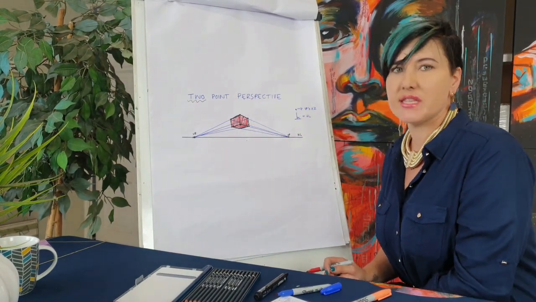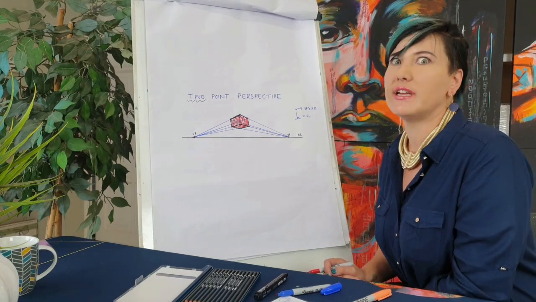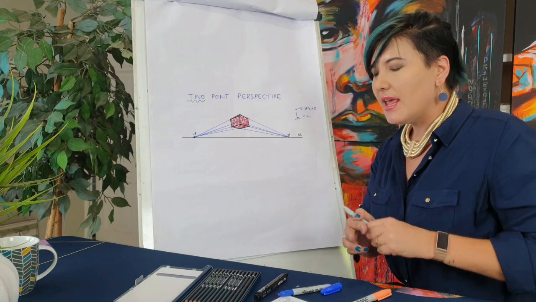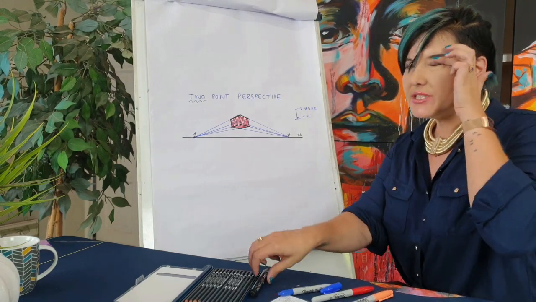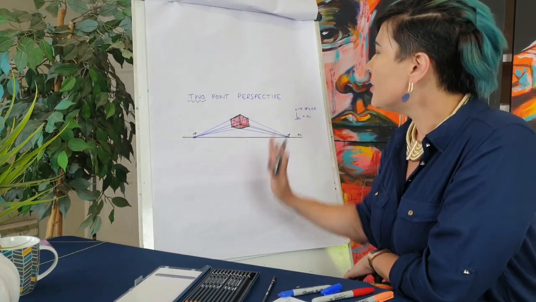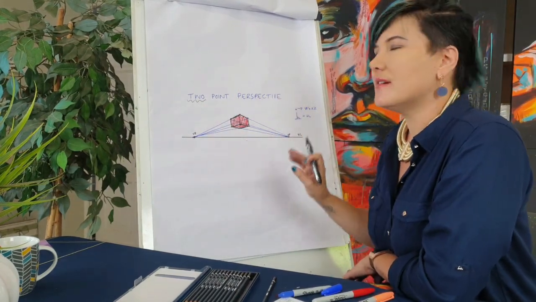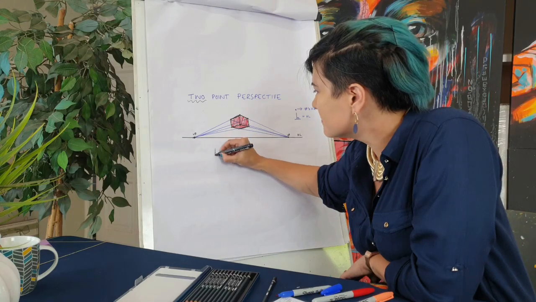Okay, so this is where it gets really tricky, and there's so many lines you can really go cockeyed. So what we're going to do is keep it very simple. In our first approach, we are literally just going to be drawing perpendicular lines all around our picture plane so we can see how we're going to apply them.